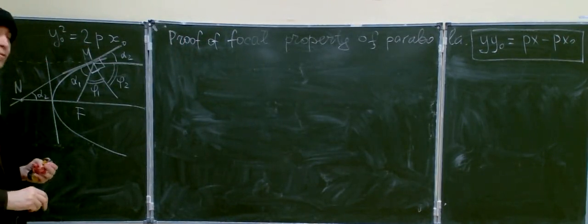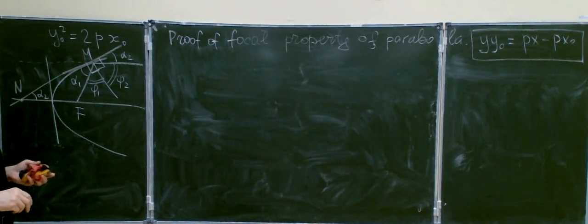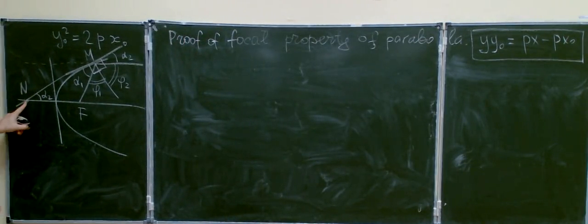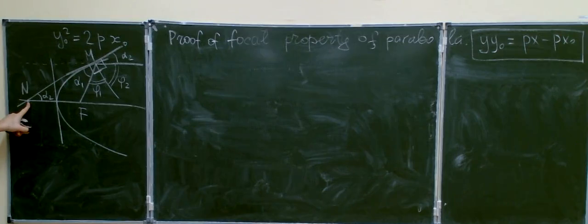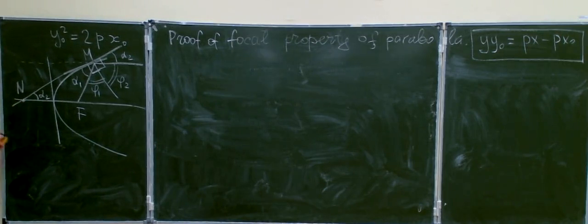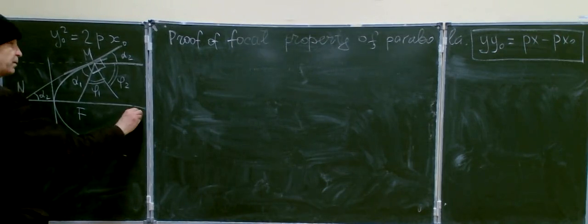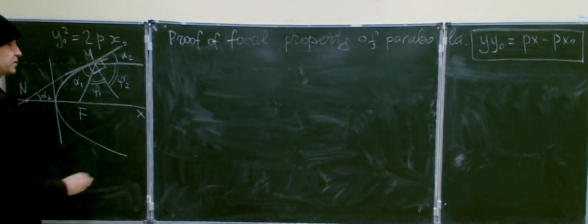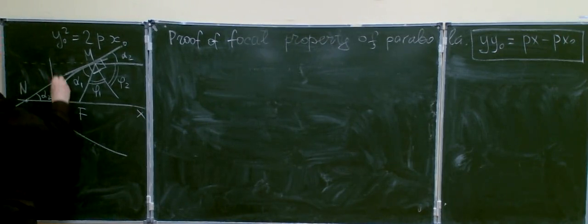Since in the geometric statement of the focal property we have the point N, let's find its coordinate. The point N is on the axis of parabola, and the axis of parabola is the horizontal axis of our coordinate system.